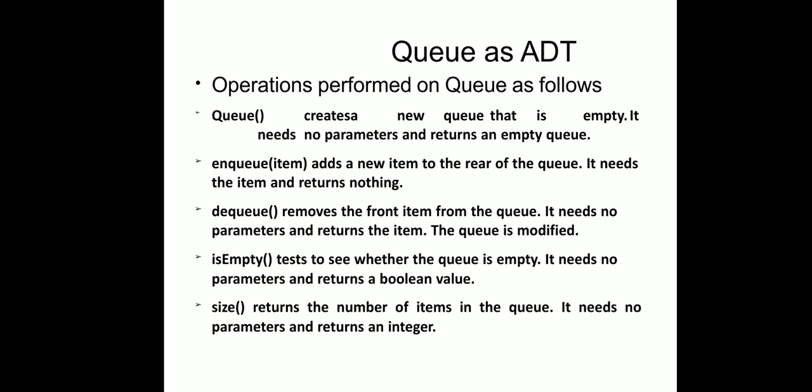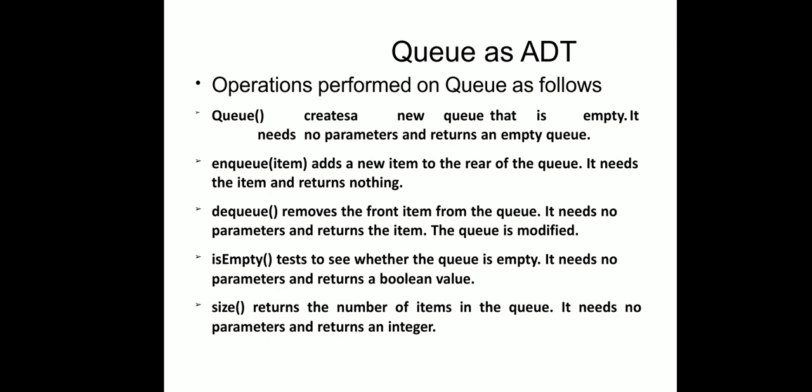Next comes how a queue can act as an abstract data type. It has a number of operations, that's why it acts as an ADT, that is, an abstract data type. The first one is the queue operation, which will create a new, empty queue. The second operation is enqueue.